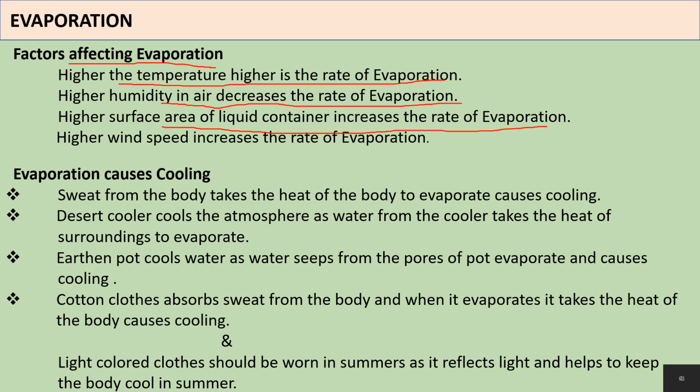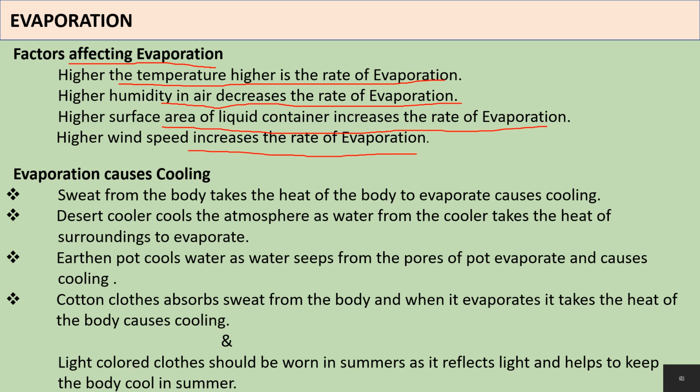Based on this concept, sometimes it is asked why it is easier to sip tea or coffee from a saucer than a cup. The fourth factor is, higher wind speed increases the rate of evaporation. On a windy day, the air in contact with clothes is more, so rate of evaporation is more.